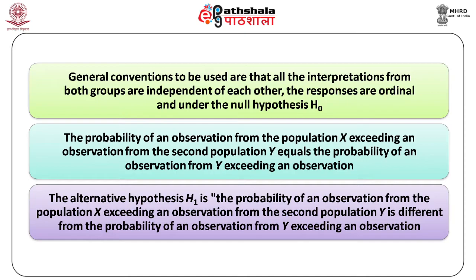The responses are ordinal, and under the null hypothesis H0, the probability of an observation from the population X exceeding an observation from the second population Y equals the probability of an observation from Y exceeding an observation from X. The alternative hypothesis H1 is that the probability of an observation from the population X exceeding an observation from the second population Y is different from the probability of an observation from Y exceeding an observation from X.